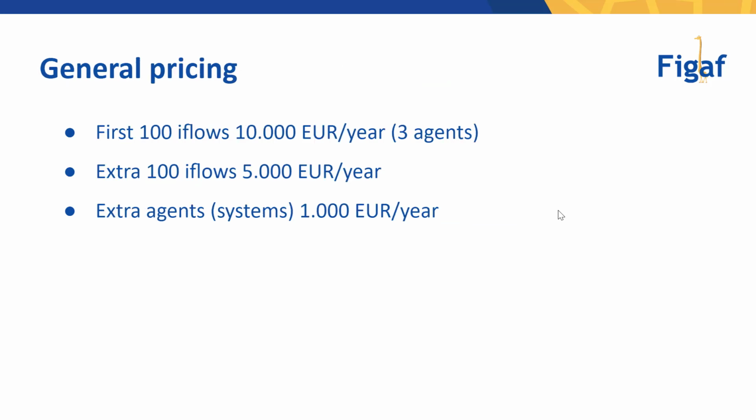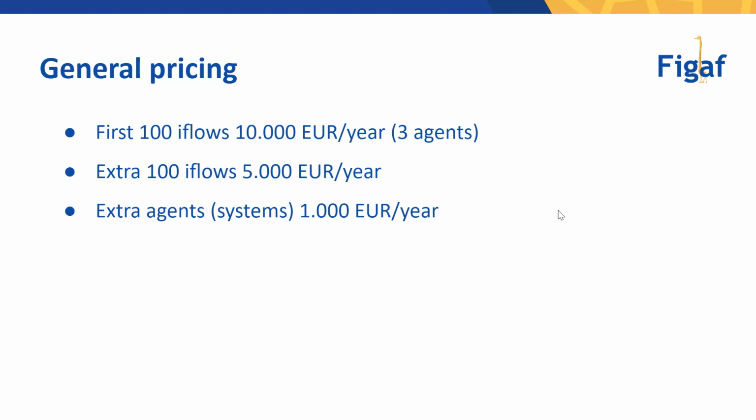General pricing, I guess: the 600 euros a month is if you have 40 iFlows, and most are above that, then it's 10,000 euros a year for 3 agents or CPI systems or API management systems. And then for each subsequent 100 iFlows, it's 5,000 euros a year.